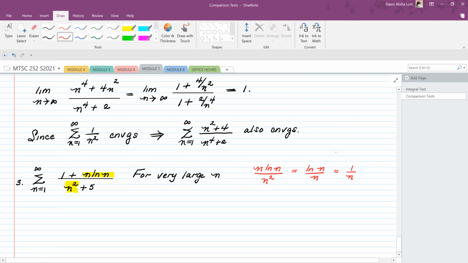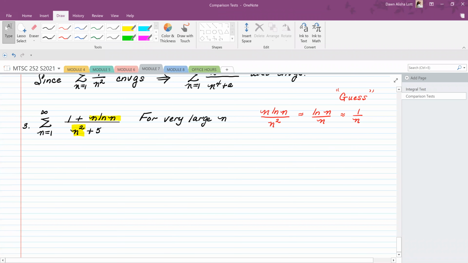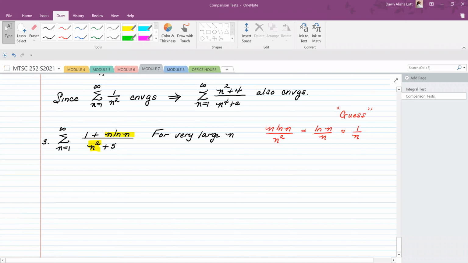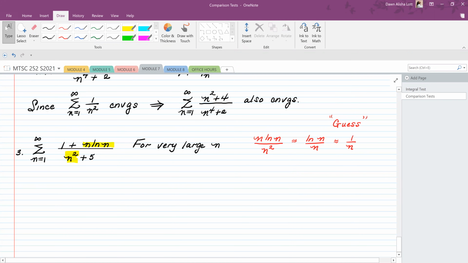This is a guess; I'm trying to find something it might look like. And I know that the summation of 1 over n diverges, so if I get this to work out, I'll be very happy.